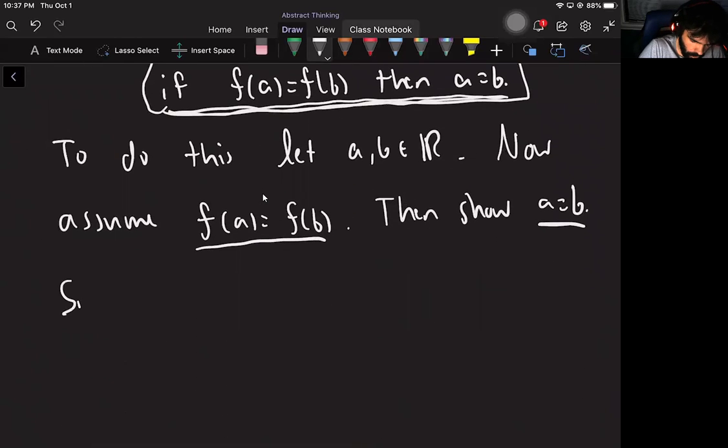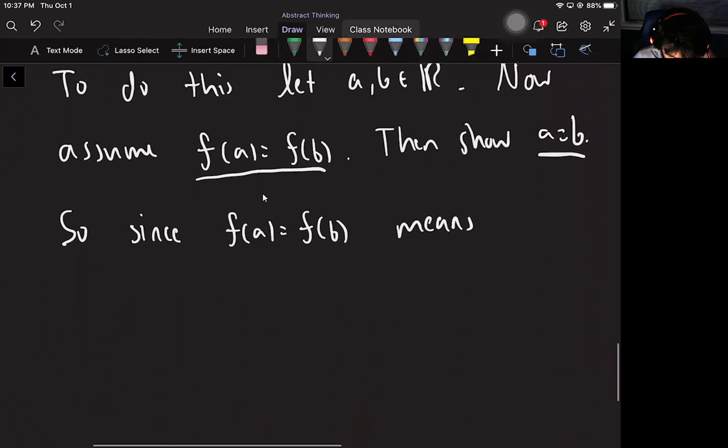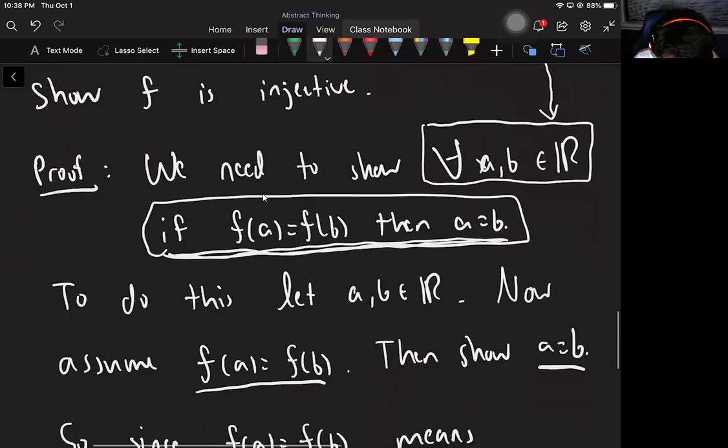So what we can say is just exactly what this is, which is I'll just plug A in and I'll plug B in and I'll pretend they're equal. So 3A plus 7 equals 3B plus 7, right? Okay.